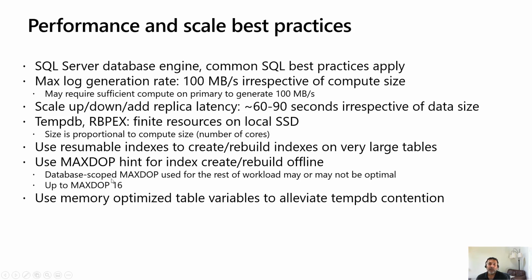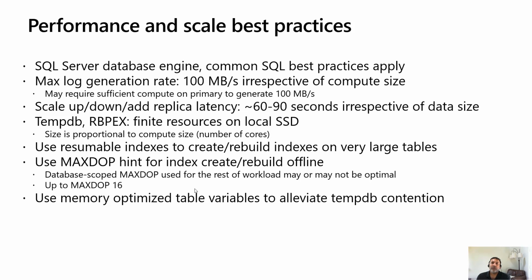The other thing to consider is using a MAXDOP hint for any index creation activities, because if not, you are going to potentially consume the log generation rate, and in certain cases have contention on other primitives.